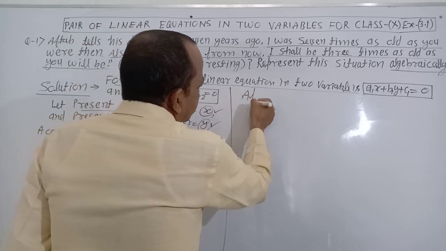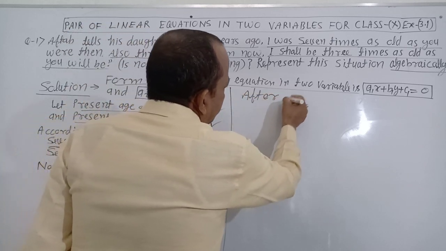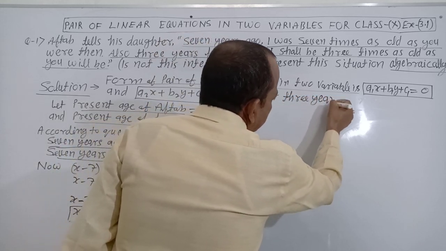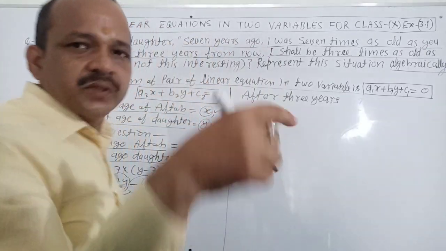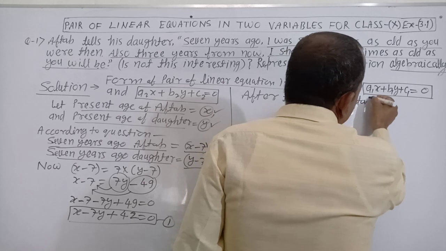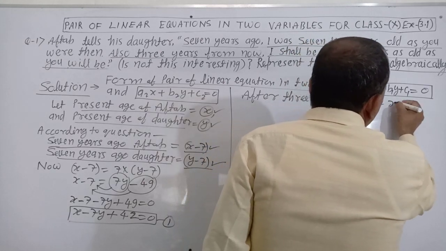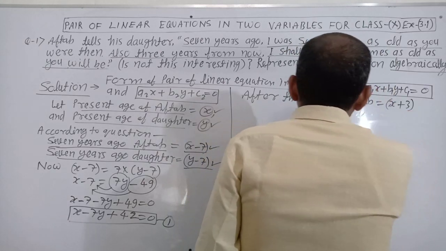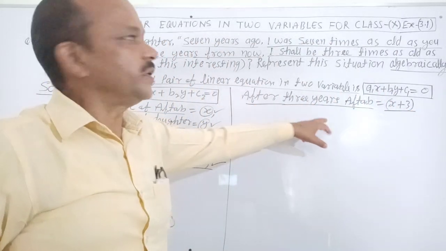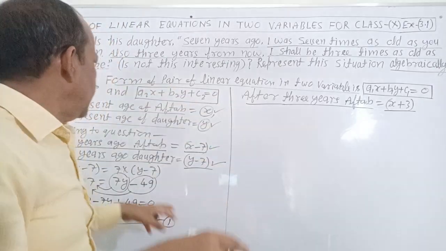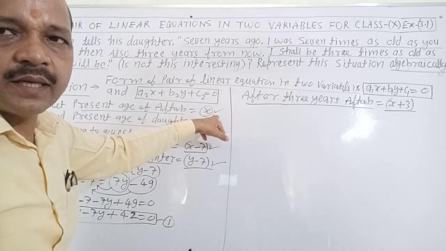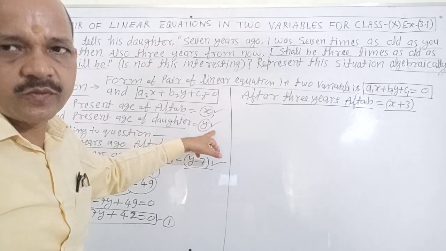After 3 years, Aftab equal to x plus 3, because the present age of Aftab is x and the present age of daughter is y.